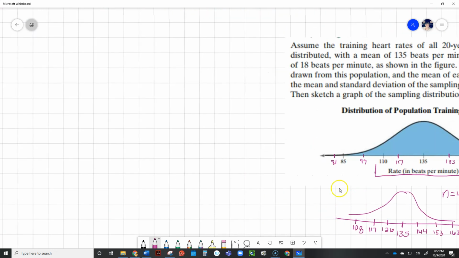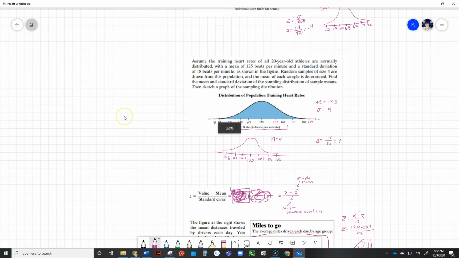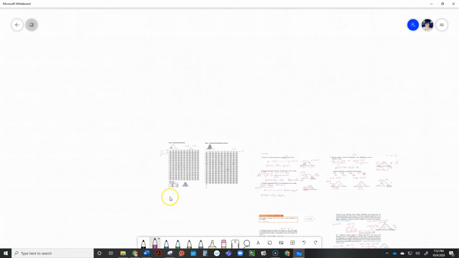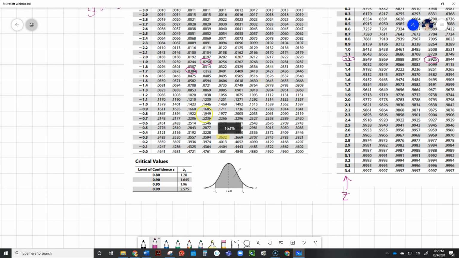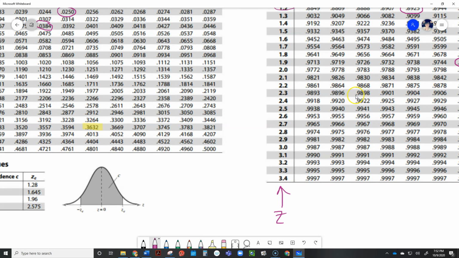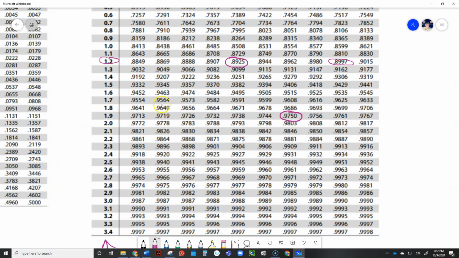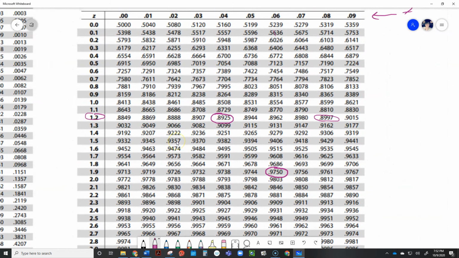My table is way over here. Where's my table? There it is. 1.96 is 0.9750.